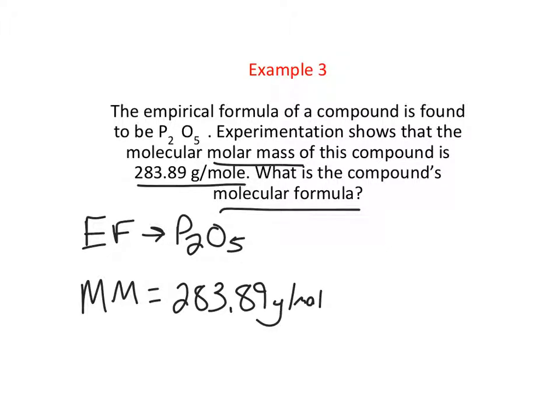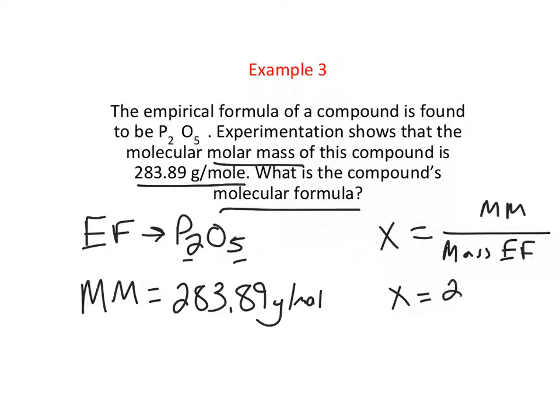To find out what the molecular formula is, we're going to do another ratio. To find the value we have to multiply those subscripts by, I'm going to call that value x. You take the molar mass divided by the mass of the empirical formula. The problem has to give me the molar mass, or I find it through experimentation, so that goes on top, divided by the molar mass of the empirical formula.